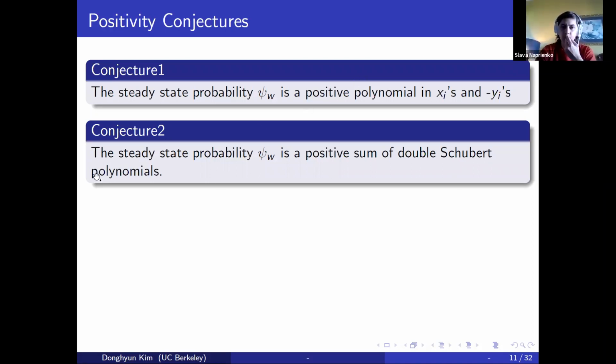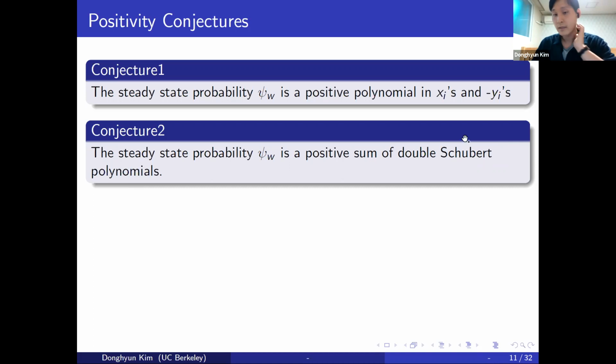So this statement is a slight lie. We have to say that it is a positive sum of double Schubert polynomials specialized when some variables are set to 0. So if we have some double Schubert polynomial and specialize some variable like x5 equals 0, then that makes sense.